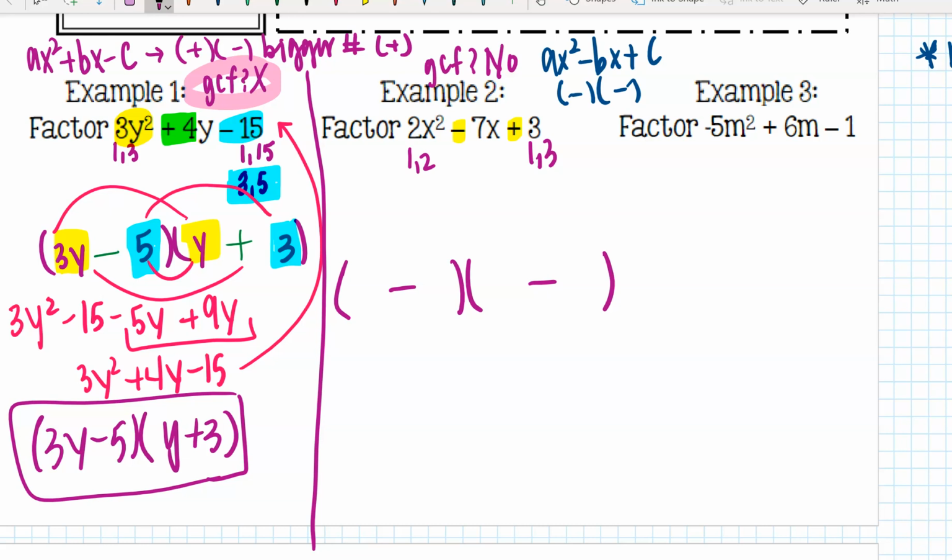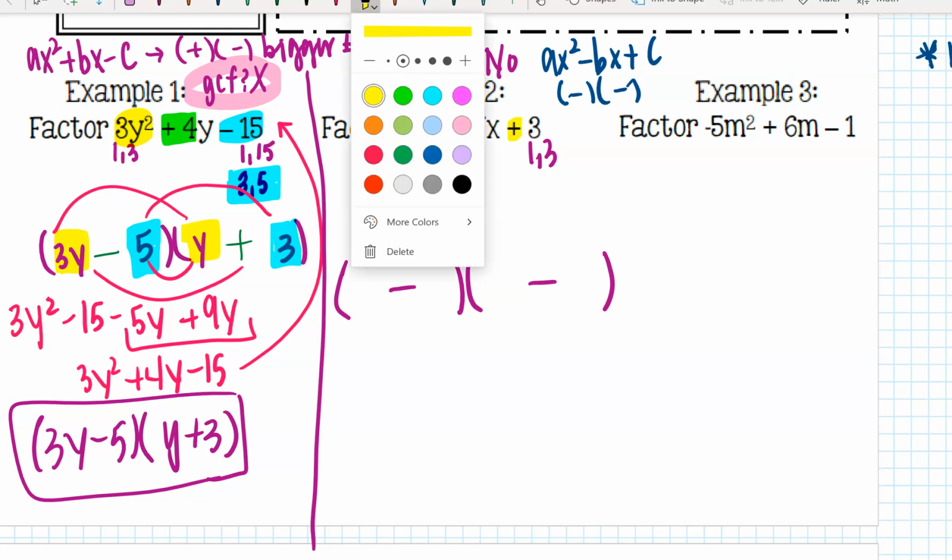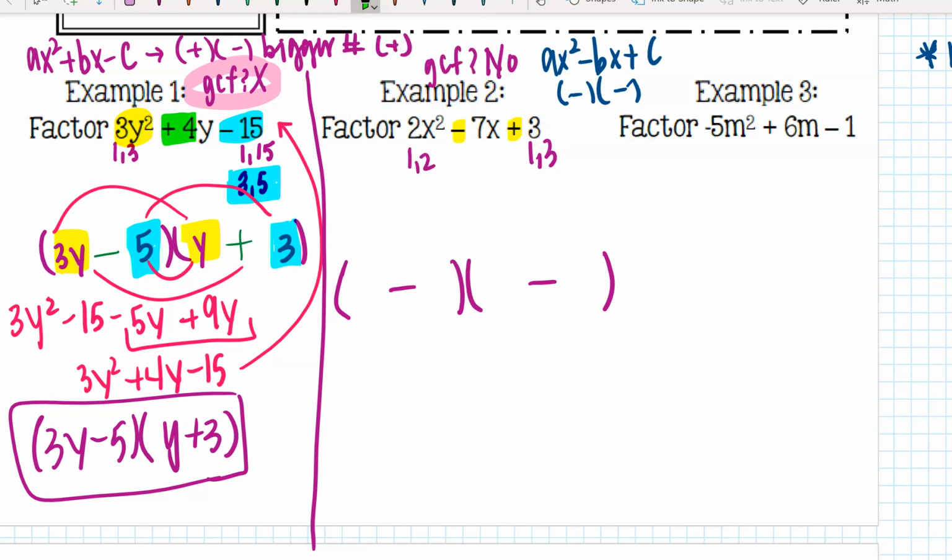It's minus minus. So my first term here is this 2x squared, and we're putting that in our first spot. Okay, so I know my factors are 1 and 2, so I'm going to do 2x and 1x in those spots.